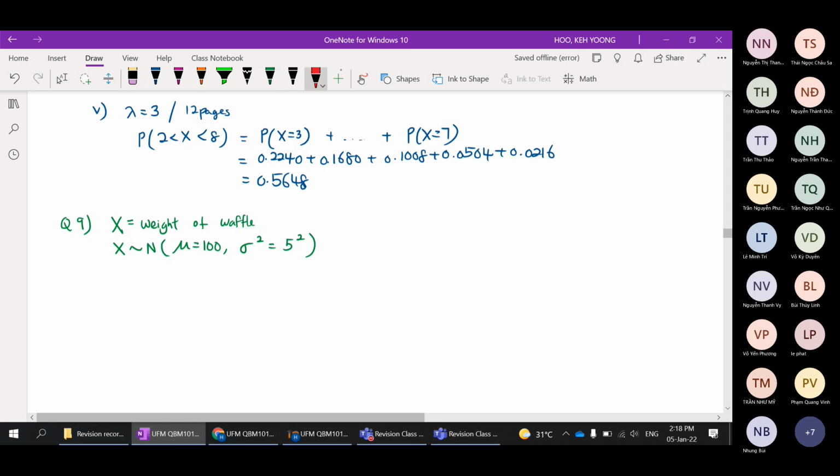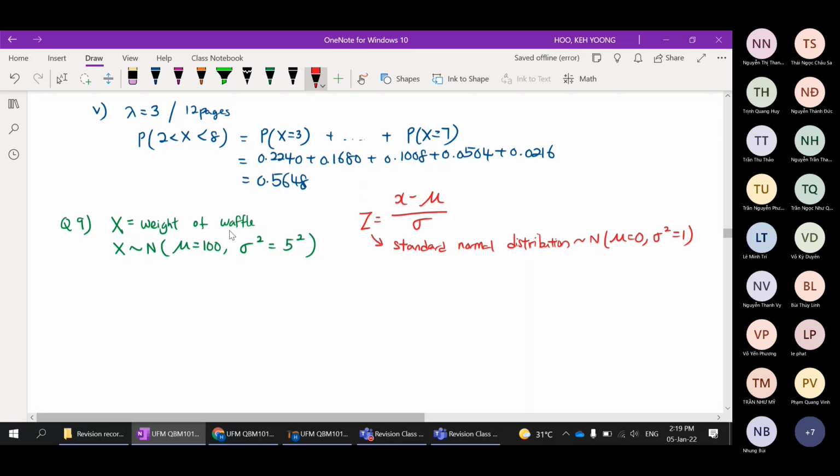To find the probability for normal distributions, you need to convert to Z. The formula that we use is X minus the mean, divided by the standard deviation, to convert the X value to Z. Z is the standard normal distribution, where it follows a normal distribution as well, but with mean equal to 0 and variance equal to 1.